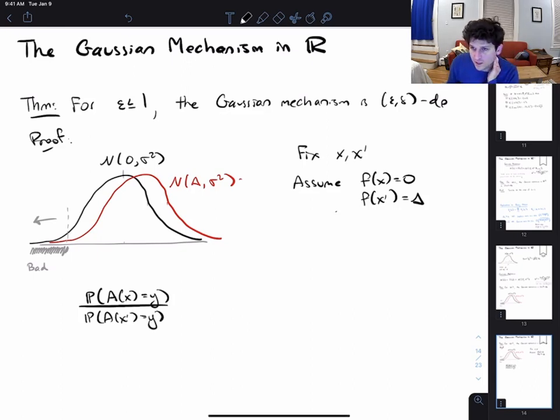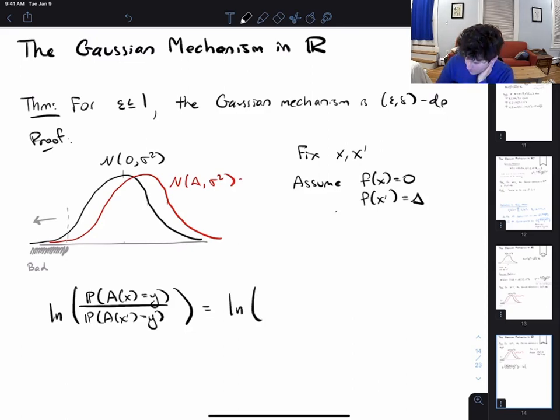And because for Gaussians, everything happens in the exponent, it's going to be more convenient to take the logarithm of this probability. We're going to try to prove that this logarithm is at most epsilon, which is exactly the same as proving that the ratio is at most e to the epsilon. But as you'll see in a minute, it'll just be easier to get rid of the exponents.